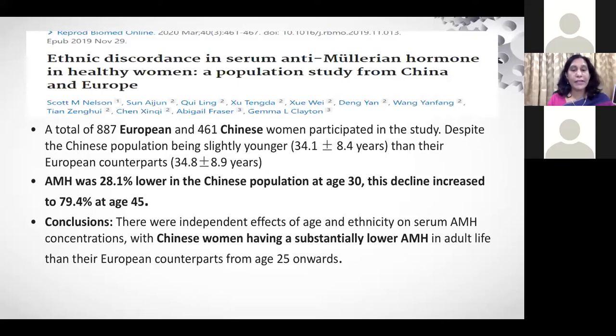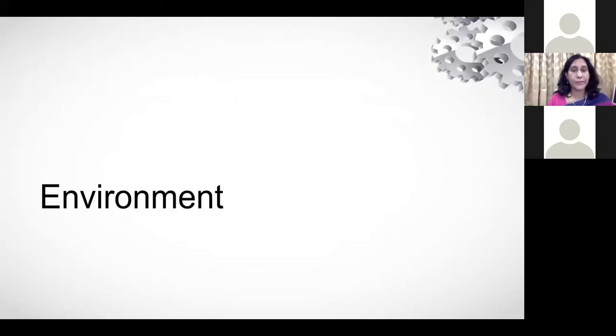And there were independent effects of age and ethnicity on serum AMH concentration, with Chinese women having a substantially lower AMH in adult life than their European counterparts from age 25 onwards.